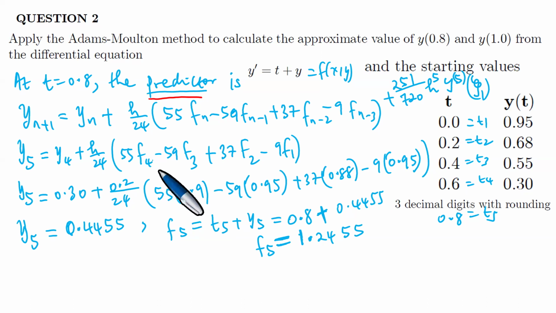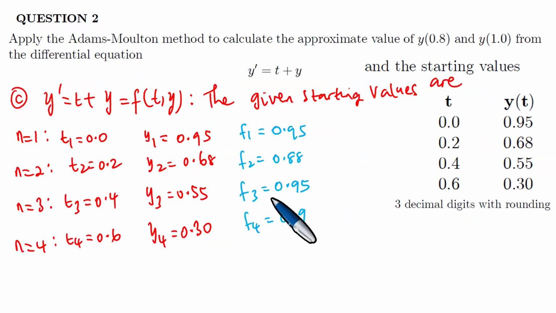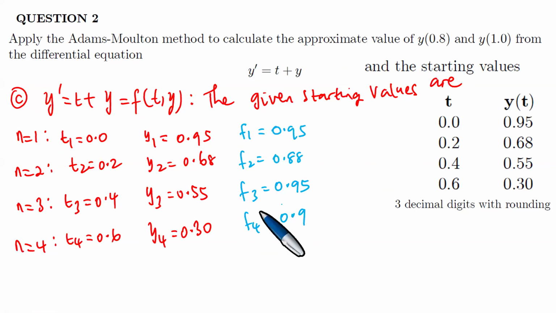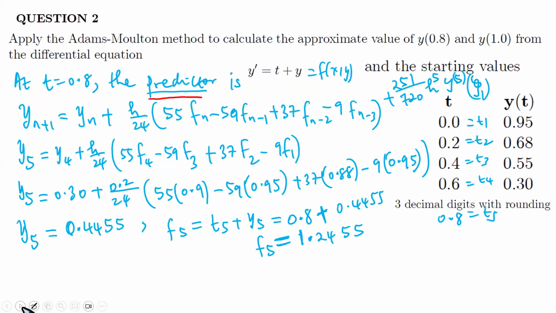F4, you already know, we said it is 0.9. F4 from the table we drew is 0.9. Then we have F3, 0.95.